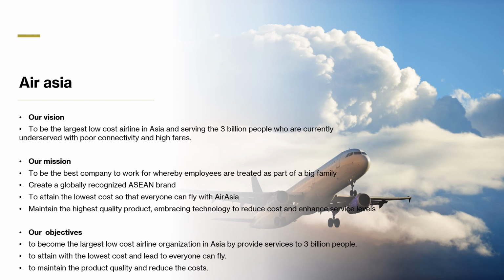Okay, and it is reliable. And then to maintain the product quality and reduce the cost. So this is its objective. Going back to the concept earlier, we have specific, measurable, reliability, attainable. So these are the concepts we see in the objective of AirAsia, right?